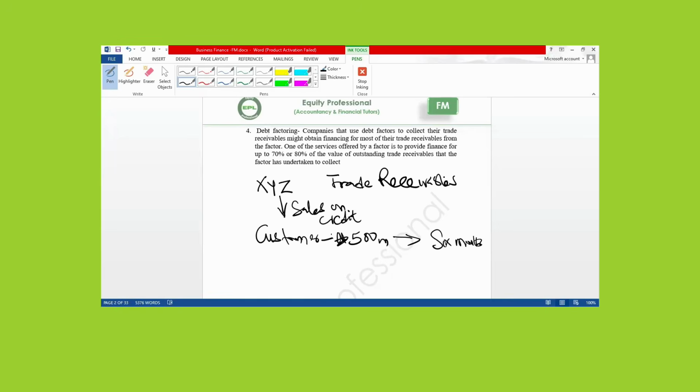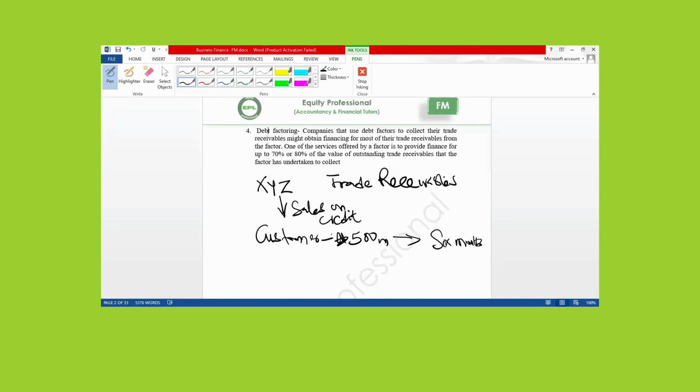XYZ can decide to outsource collection of the trade receivables to an independent person. That independent person is called a factor.